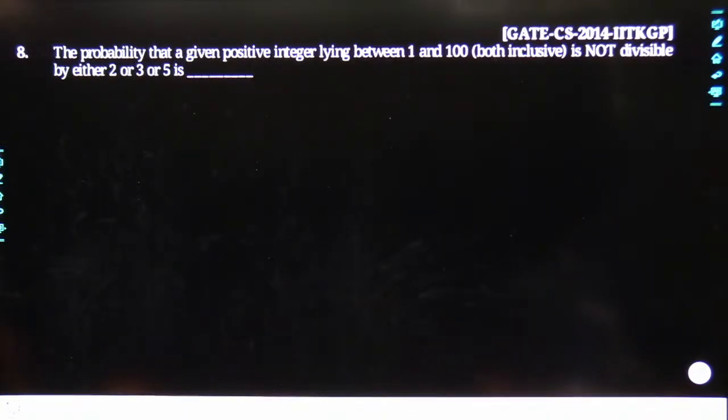Would you be able to get this answer? Tell me, would you be able to get this answer or not?